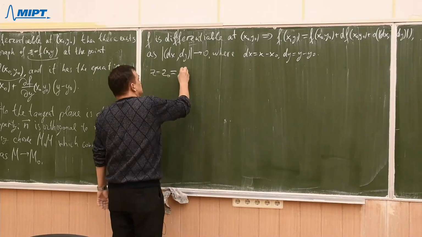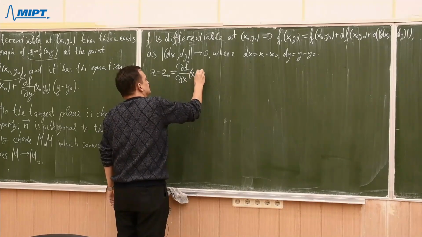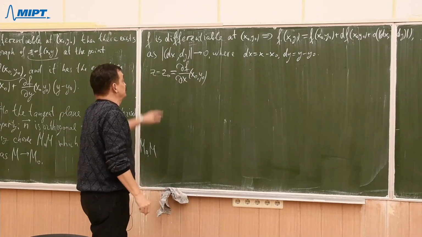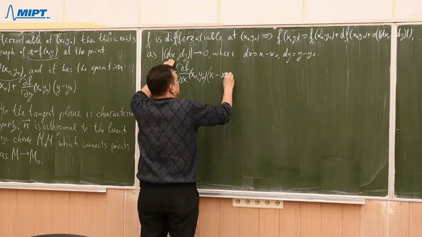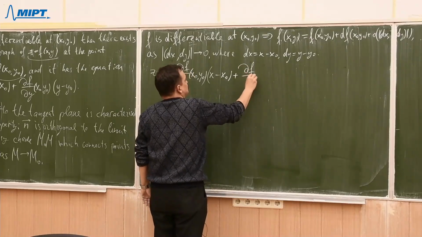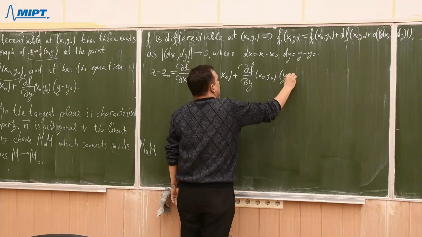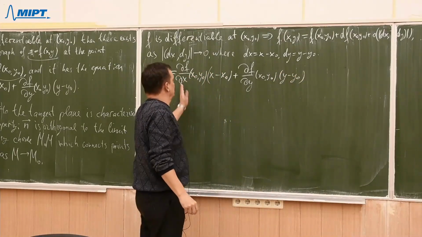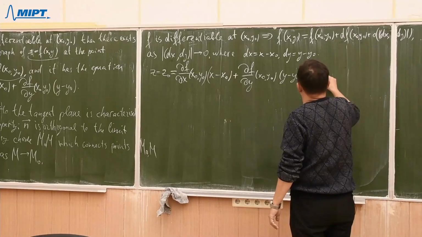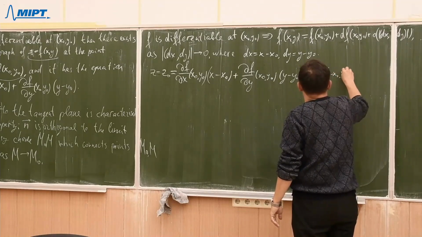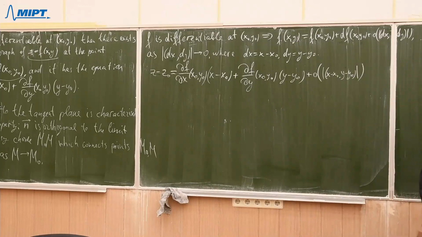The differential is equal to the partial derivative with respect to x at this point times dx, and dx is x minus x naught, plus the partial derivative of f with respect to y times y minus y naught. That is the first differential, plus little o of x minus x naught, y minus y naught. So I substitute dx and dy.